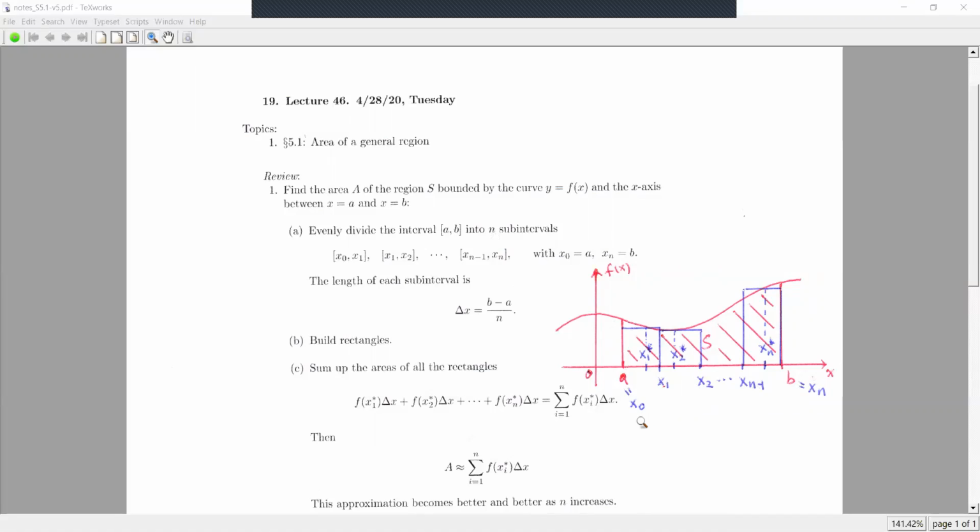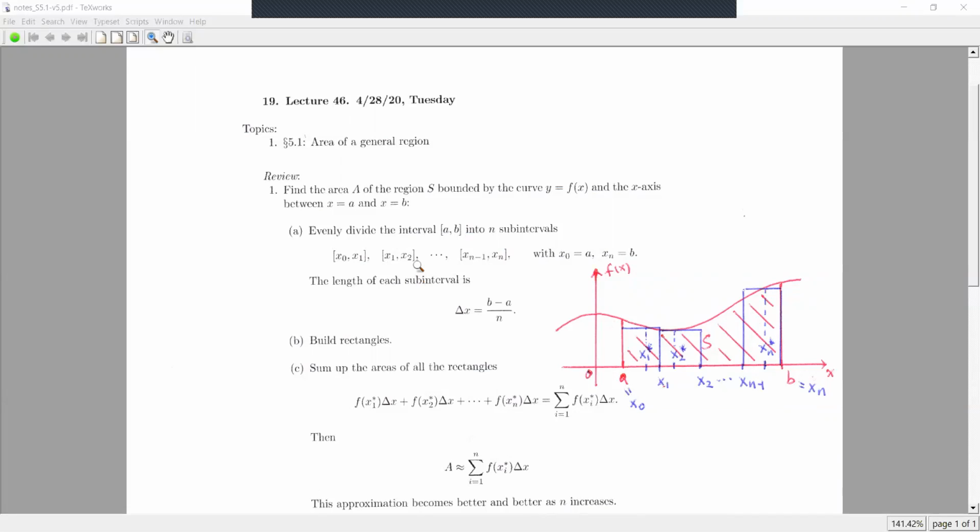Usually, x0 is the left end point of the interval AB, and the last cutting point, xn, usually is the right end point of the interval AB. Because I cut the interval AB evenly, each subinterval has the same length.